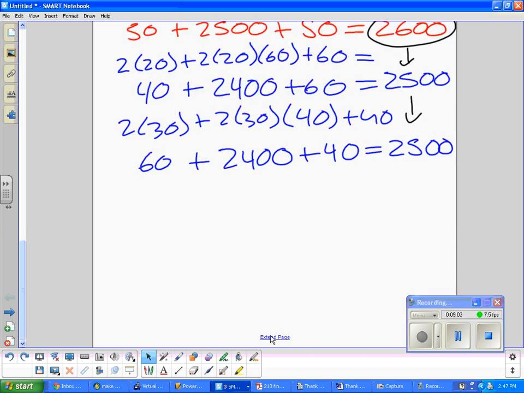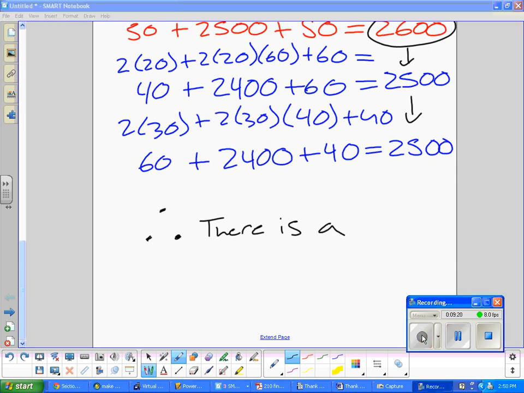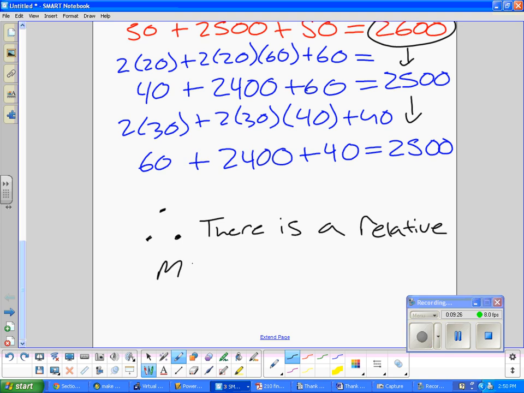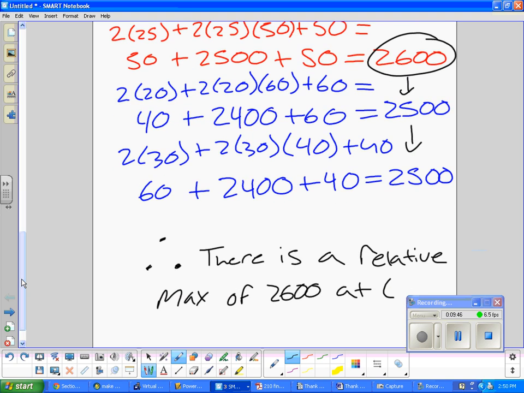Therefore, there is a relative max of 2,600 at the point 25, 50.